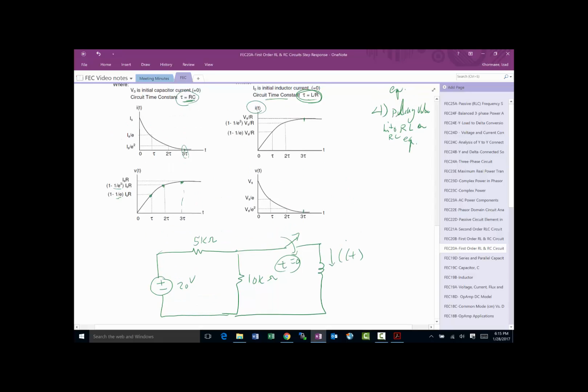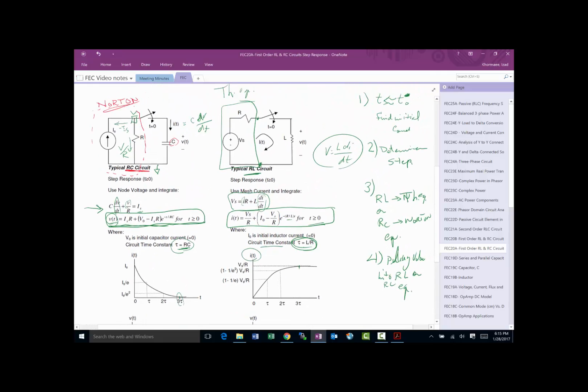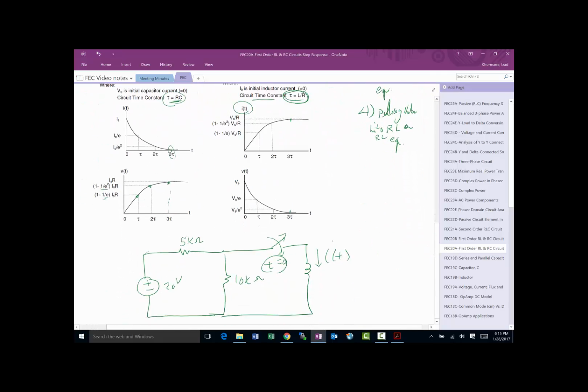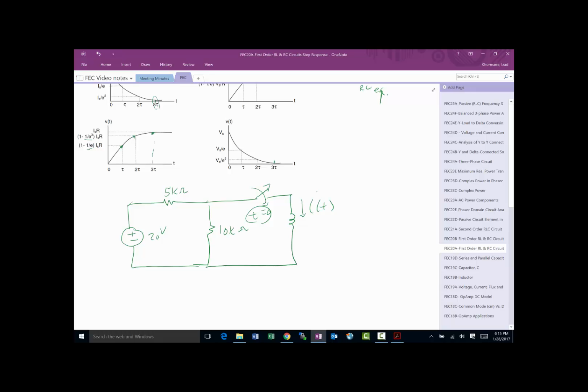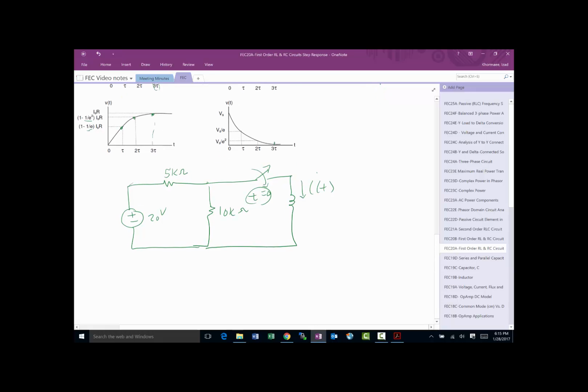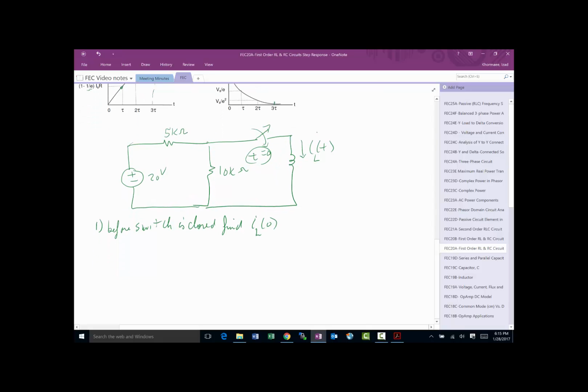So what did we say the first step was? The first step was, just before the switch is closed, find the initial condition. So step 1 is before the switch is closed, find IL, let's call this one IL, at time 0. That's when the switch is closed. We've got to be a little bit careful.